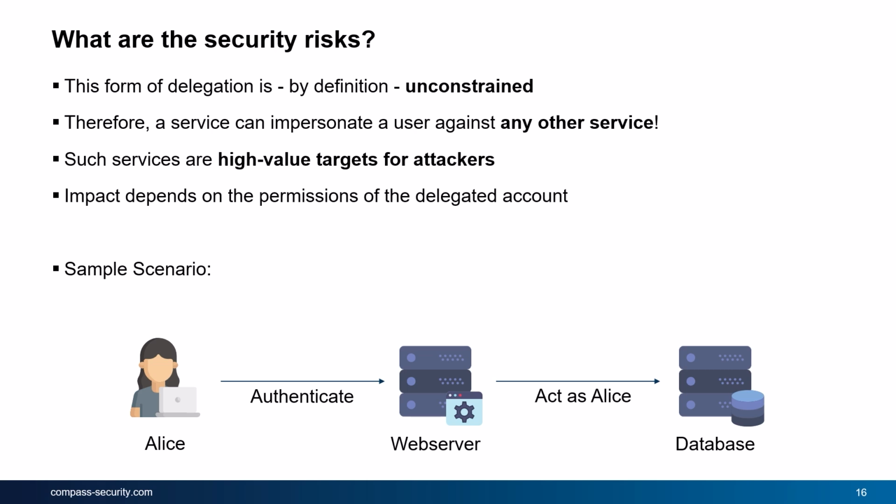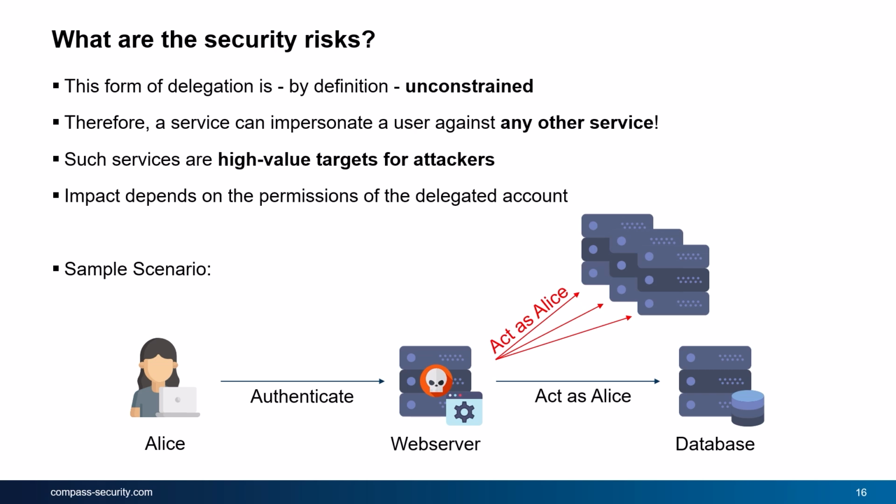However, since this is unconstrained delegation, if the web server is compromised by an attacker, meaning the attacker gains full control over the system, the attacker will be able to abuse this delegation right and act as Alice against any other system, for example web applications, file shares, databases, and so on, within the domain that are part of the Kerberos authentication realm. Now, if Alice is a domain admin, again, as I said before, this would have grave consequences.